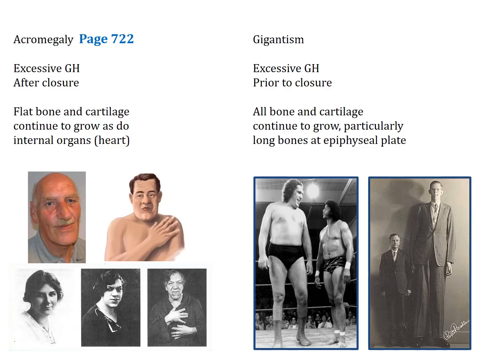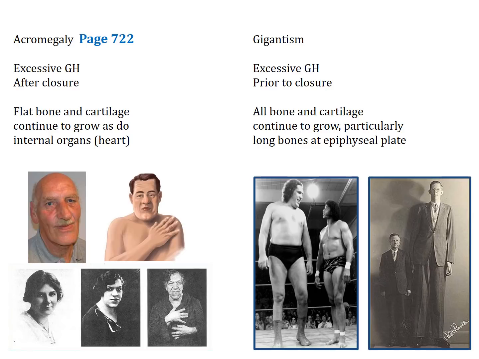Can you get an adenoma secreting an excessive amount of growth hormone later in life, such that you don't grow in stature anymore because your growth plates are closed, but flat bone and cartilage and internal organs start to grow excessively? Yes, and that's referred to as acromegaly. There's a very distinctive facial appearance of an individual who has acromegaly.